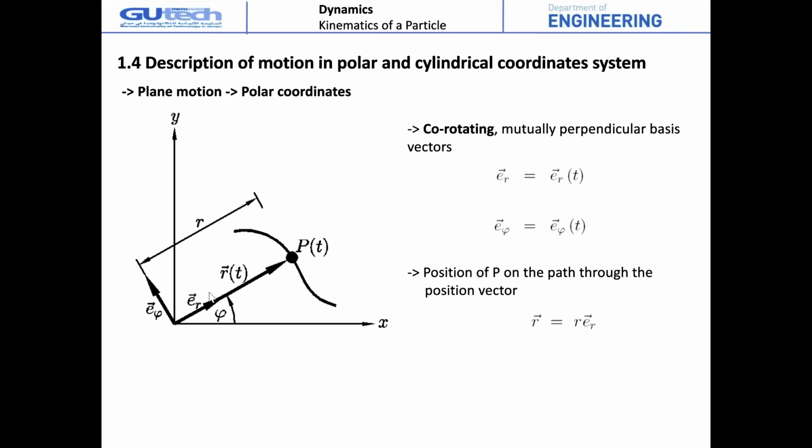In this case we have to take these polar coordinates, and instead of using Ex and Ey, we will use the unit vectors, or basis vectors, Er and E phi. Let's look here.